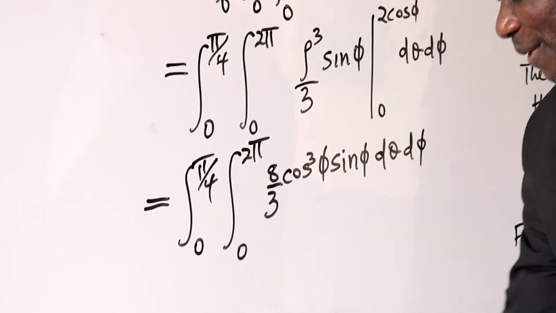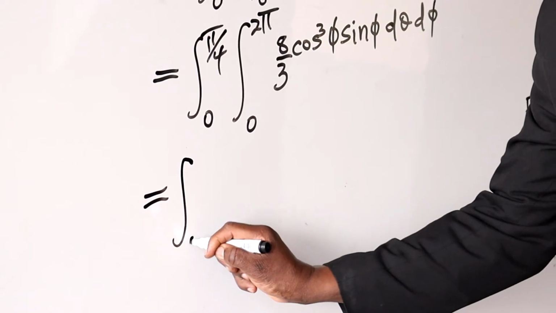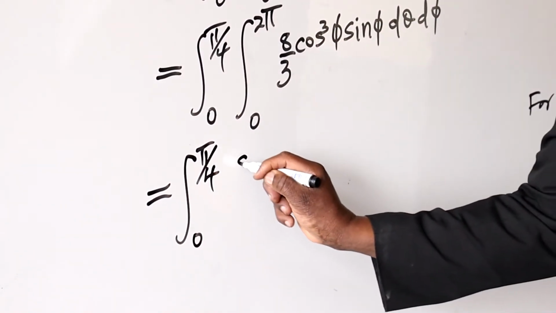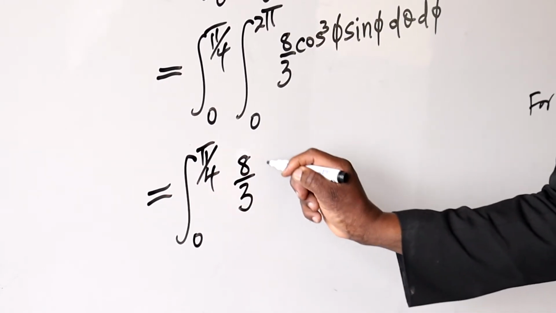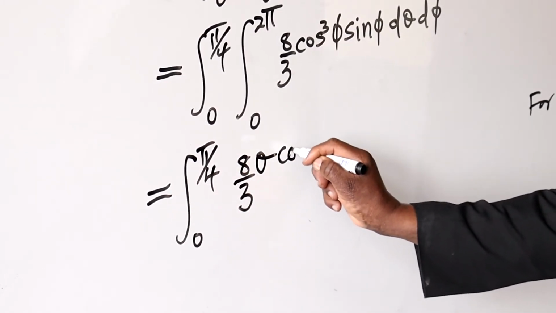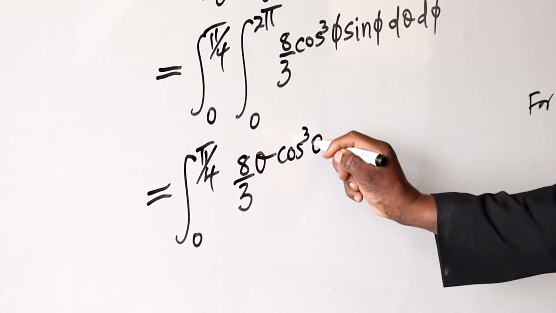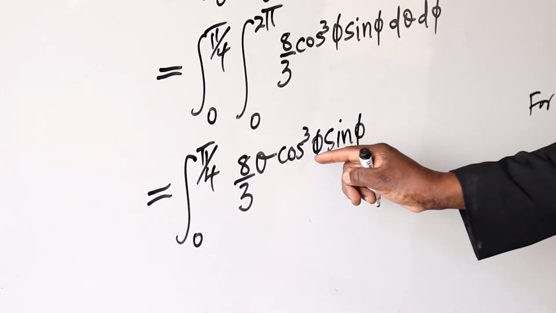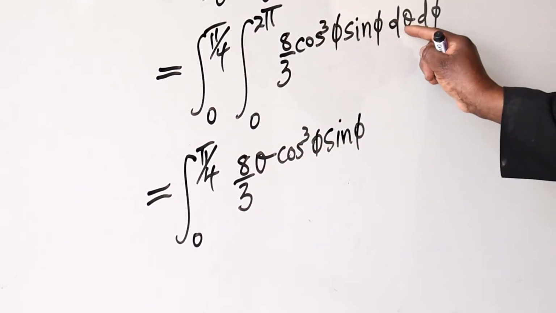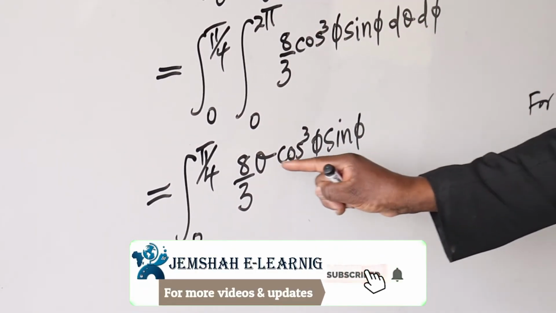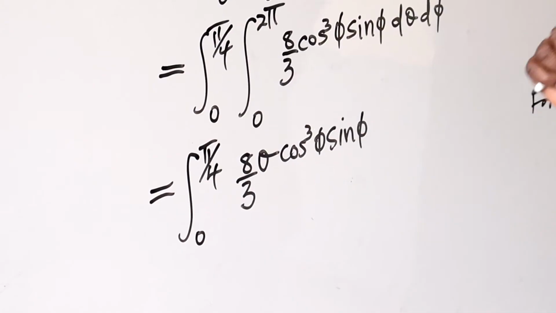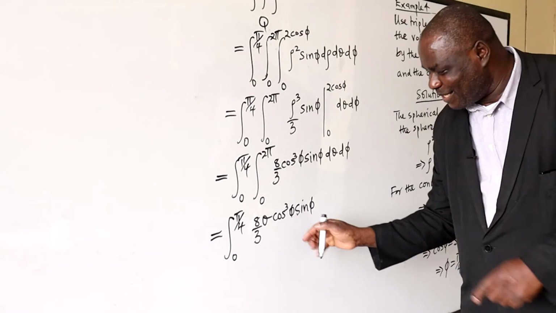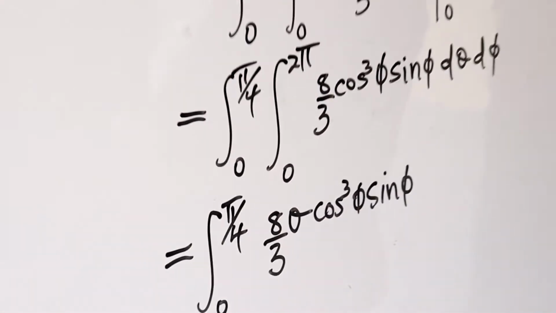Which will be equal to, from 0 to pi over 4, 8 over 3, theta, cos cubed phi sin phi. These are kept constant because we are integrating with respect to theta, and a constant integrated with respect to a variable gives that constant multiplied by the variable, which is giving us this theta.